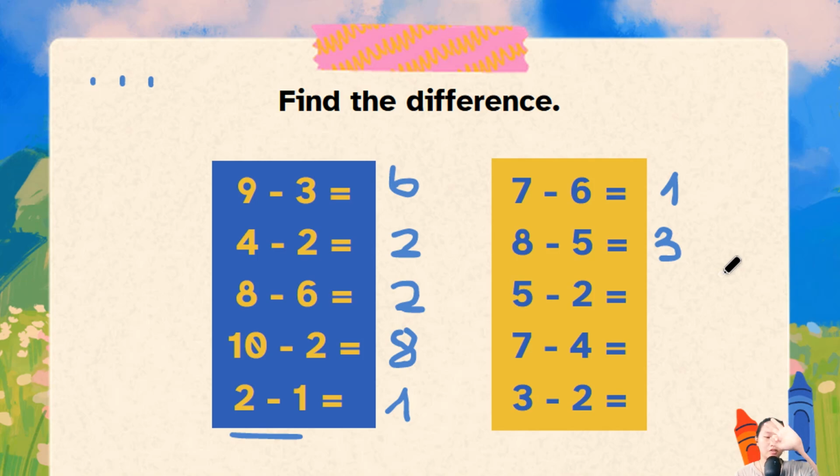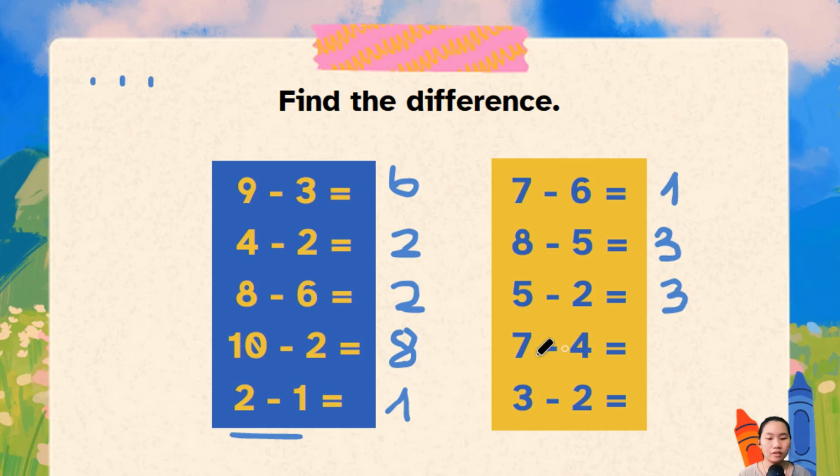We also have 3. As you can see, there are different ways of doing addition as well as different ways of doing subtraction, okay? Each way has its own pros and cons, and you do have to practice a lot to get good at a particular method of doing these calculations.